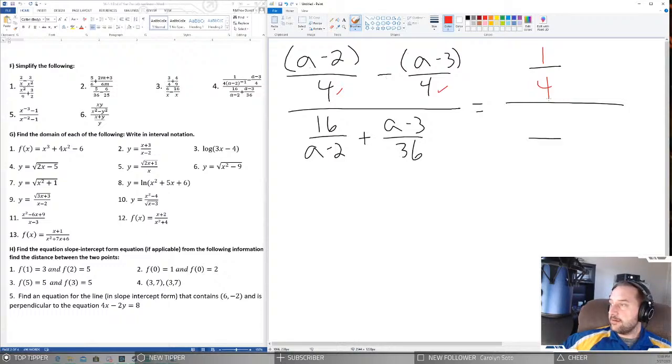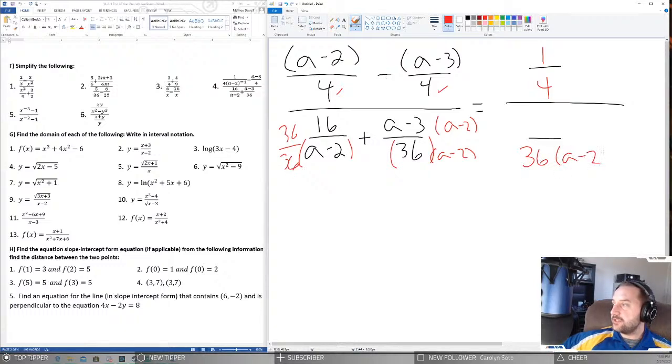Now on the bottom here, there's nothing in common between 36 and the factor a minus 2. So this needs an a minus 2 over a minus 2, and this needs a 36 over 36. So the bottom part's easy. That's just 36 times a minus 2.